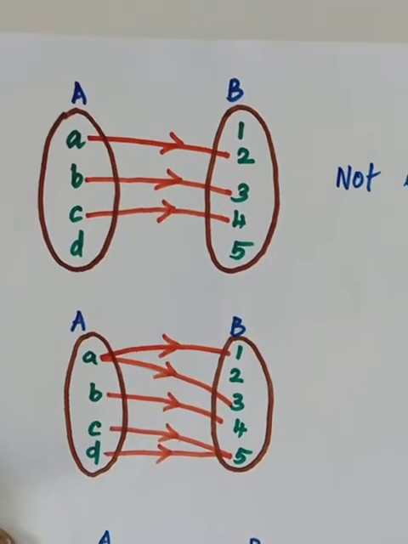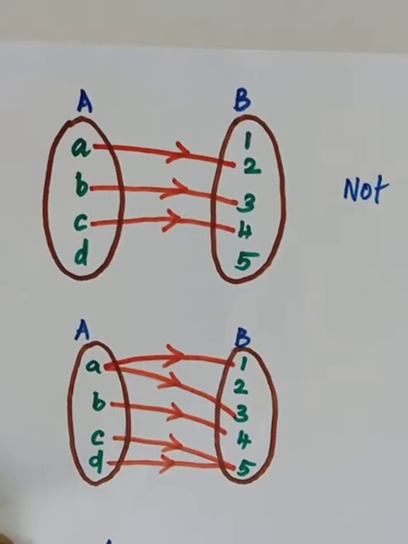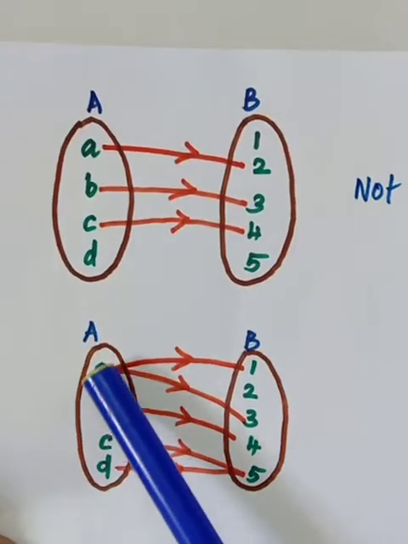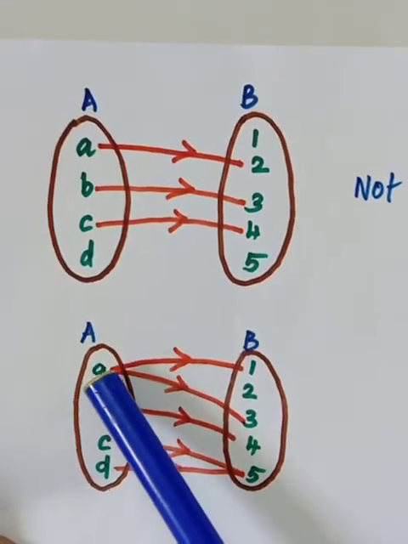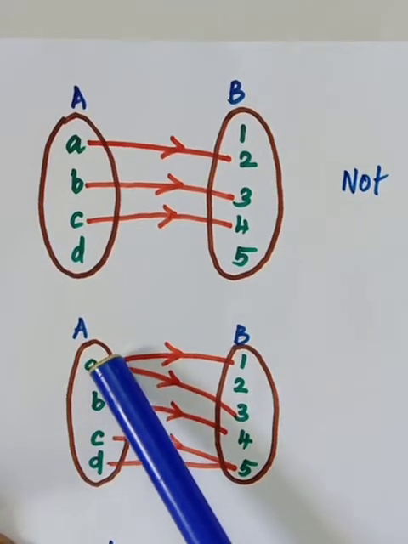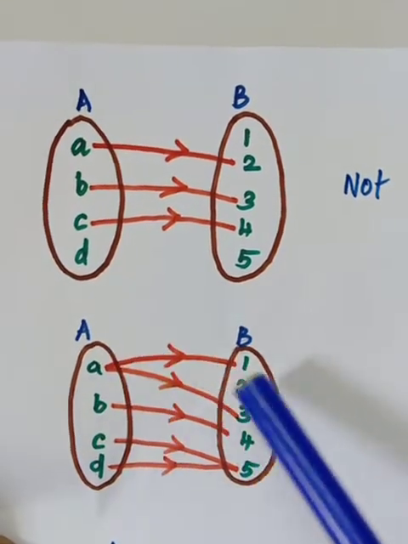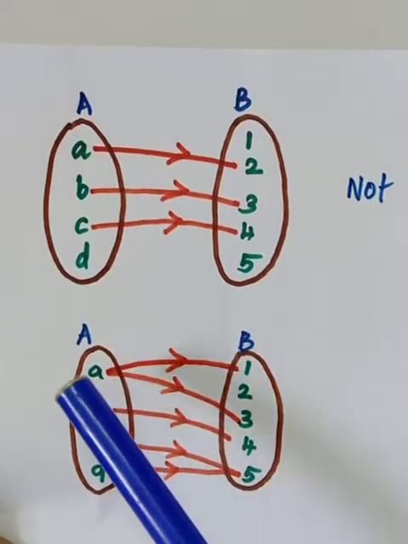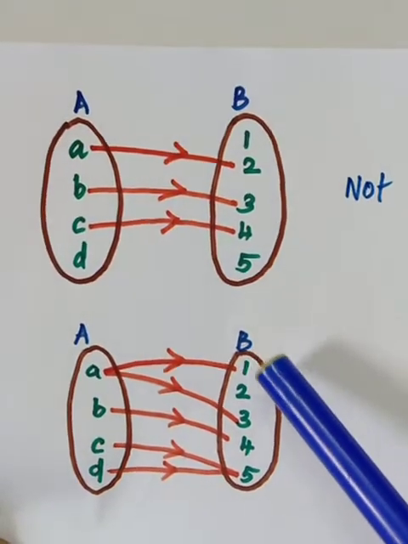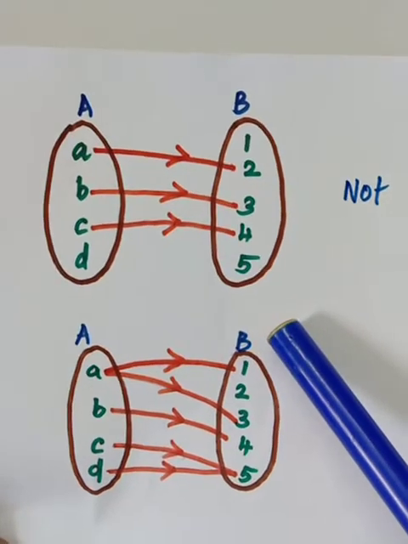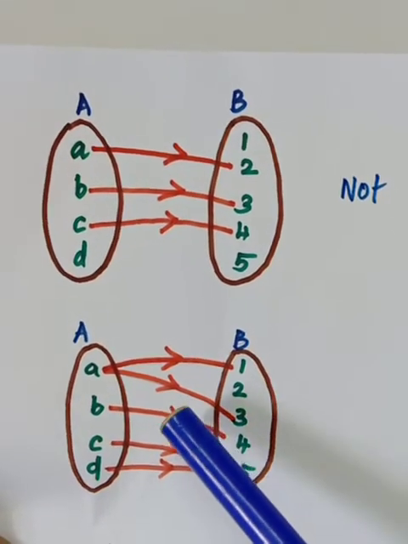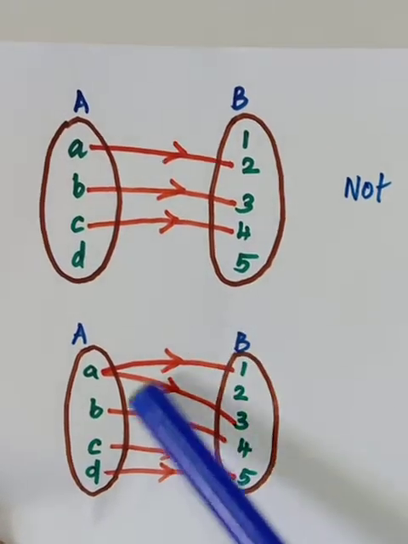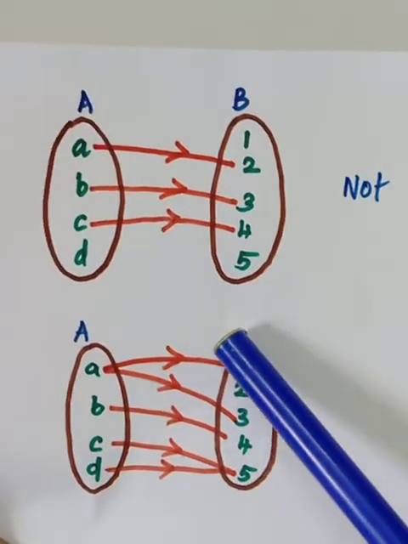But look at A: the element A has 2 images in B. So it violates the second condition of a function, and therefore it is not a function.